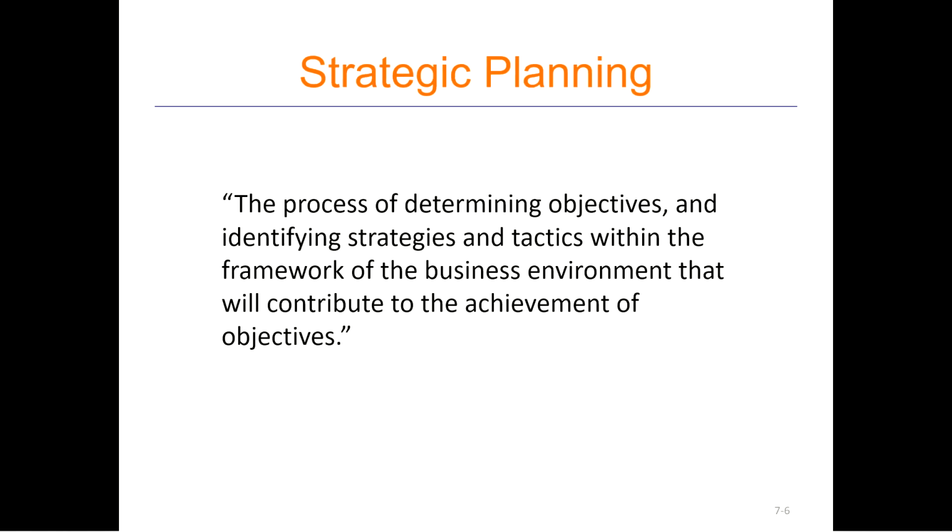So a strategic plan is the process of determining objectives and identifying strategies and tactics within the framework of the business environment that will contribute to the achievement of the objectives. This has to be well identified, and it is a comprehensive process done at most levels of an organization.